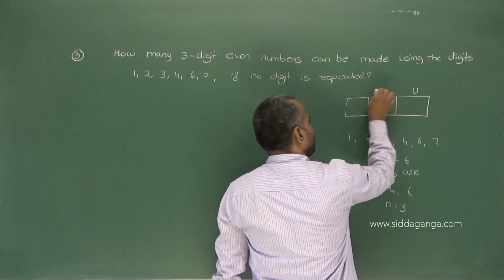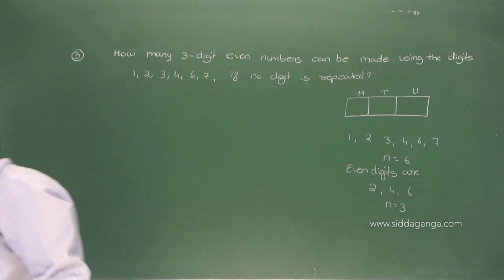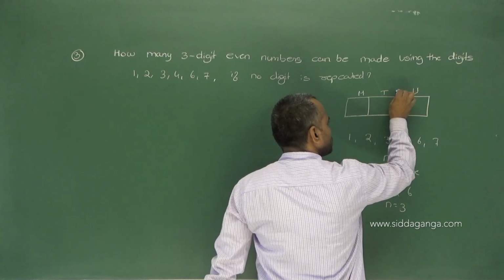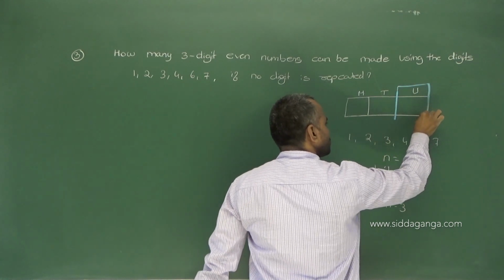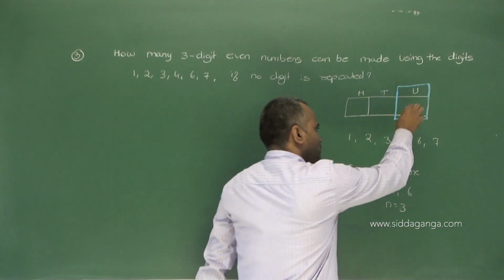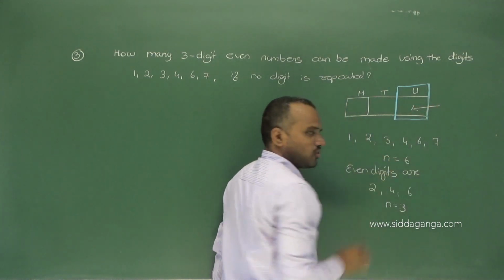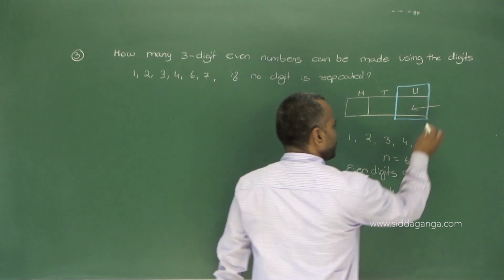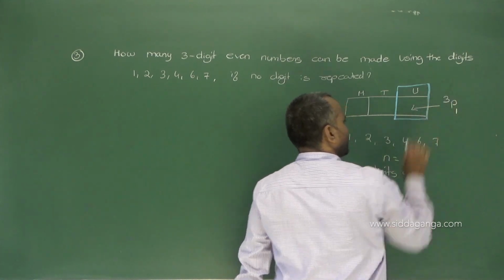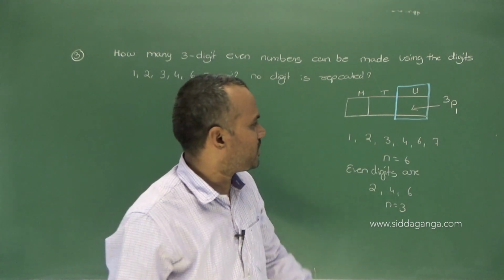Unit place, tens place, hundreds place. In a 3-digit even number, the unit box must be an even number only, so this can be done using the permutation concept. n is equal to 3, taken one at a time, so this can be done by 3P1.